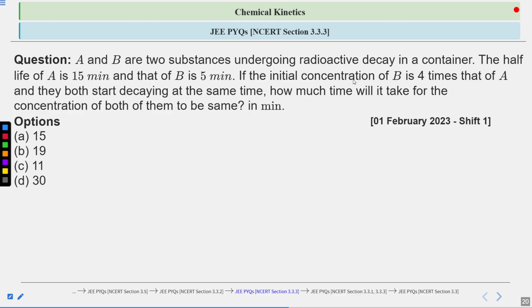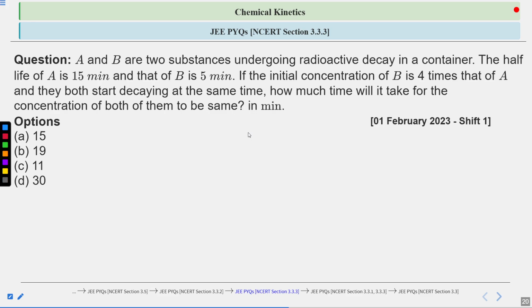So you have to tell the time they will take for the concentration of both of them to be the same. Their half-life values are given, and their concentration relationship is given. Basically, this is the question.